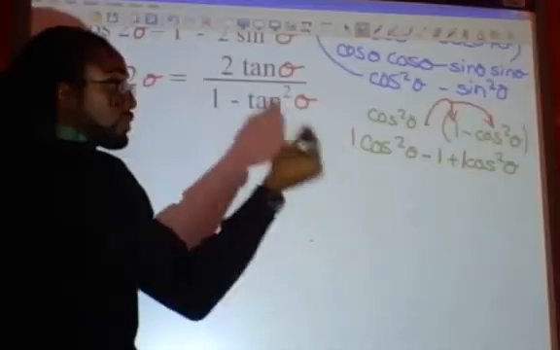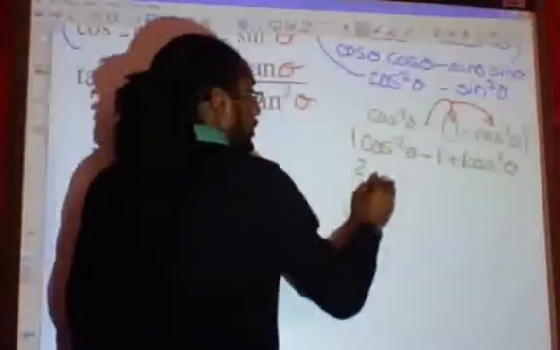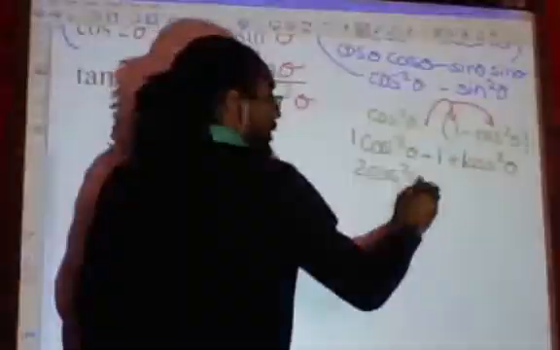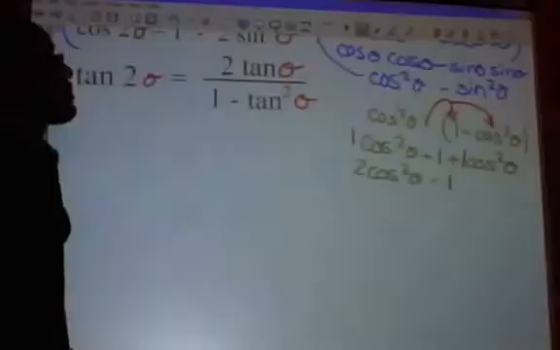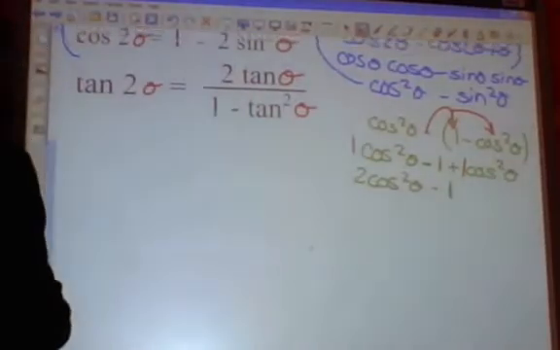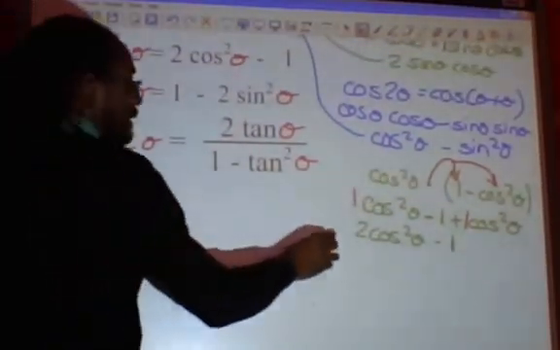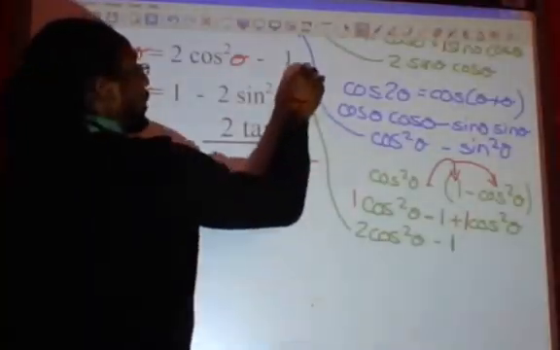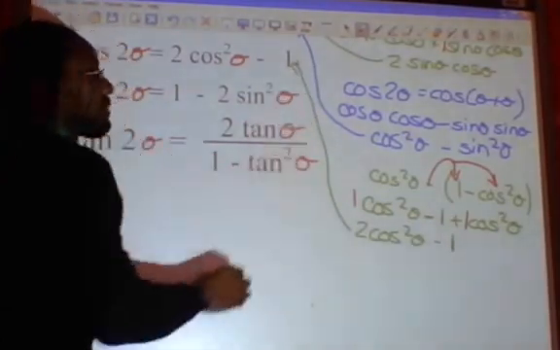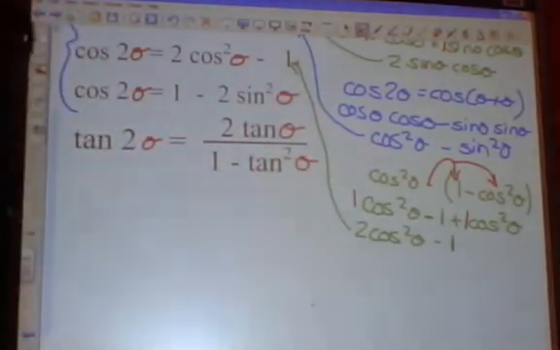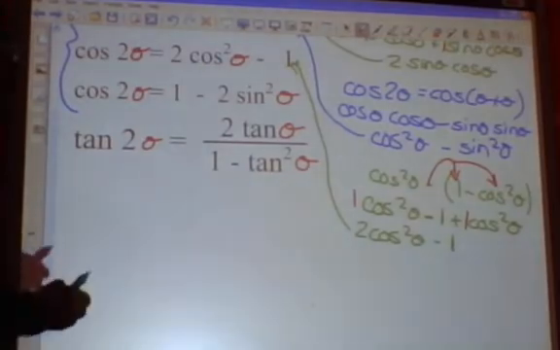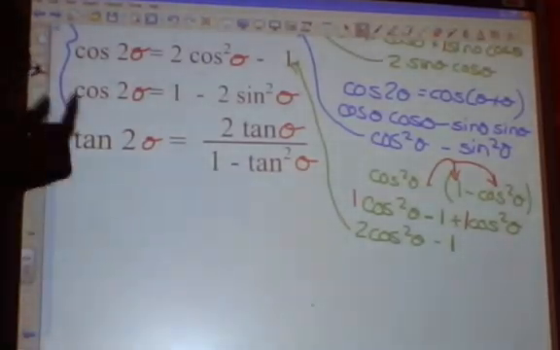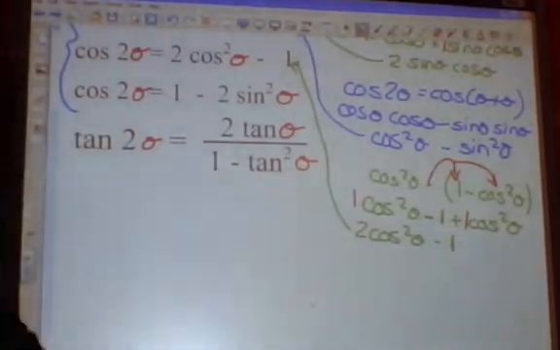We can combine those two, and that gives us 2 cosine squared theta minus 1. And that's exactly what we said for this part right here. So see, they are derived from using other identities that we talked about in class already. So it's not just stuff off the top of the head.